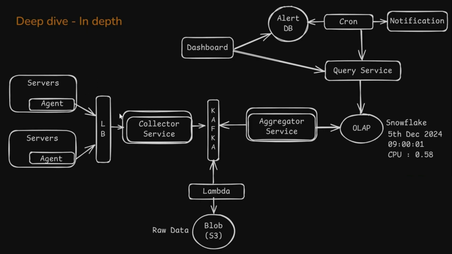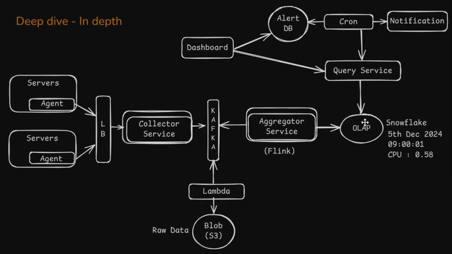These servers are emitting the events and are being published to Kafka, and we have aggregator service. Yeah, this aggregator service can be a Flink service from AWS, which is a managed service that can aggregate the data from millisecond to a level of second, and store in this OLAP.